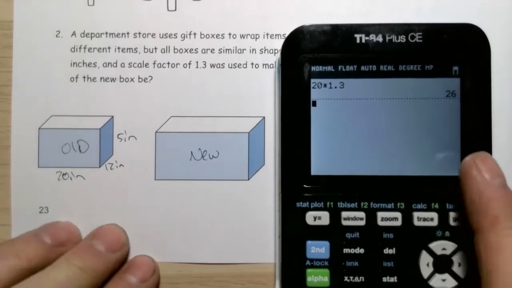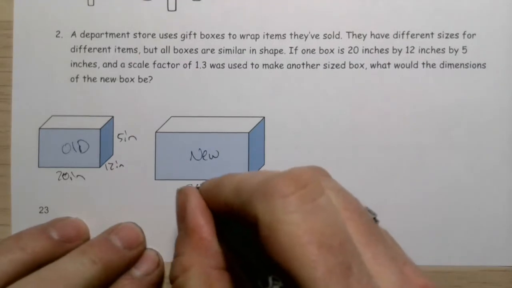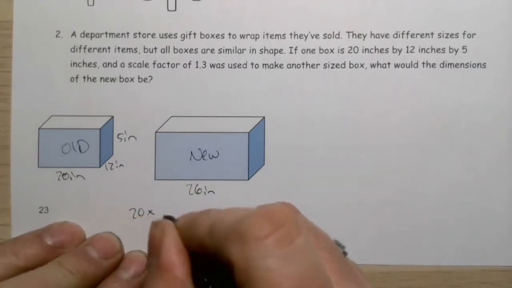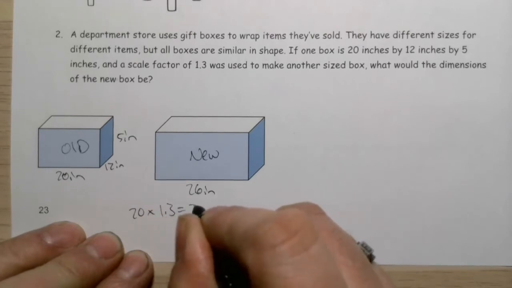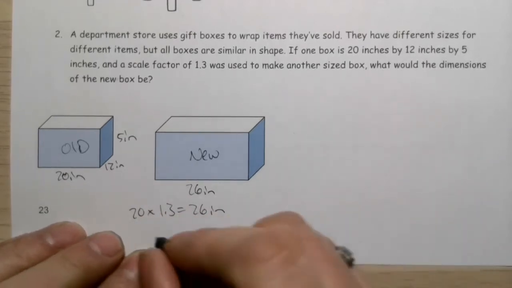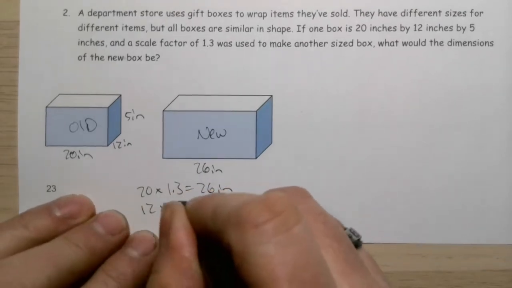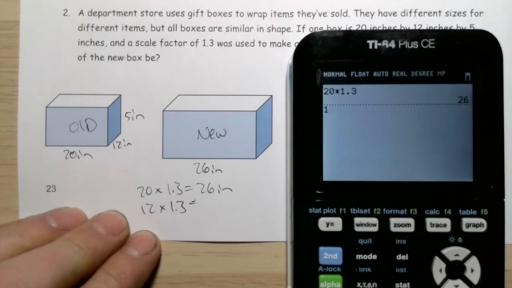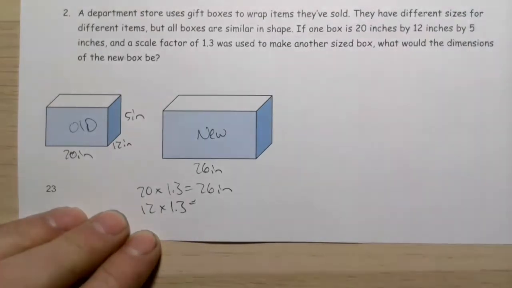Okay, so 20 multiplied by 1.3 got us 26 inches. So our width here was going to be 12 times 1.3, 15.6 inches.